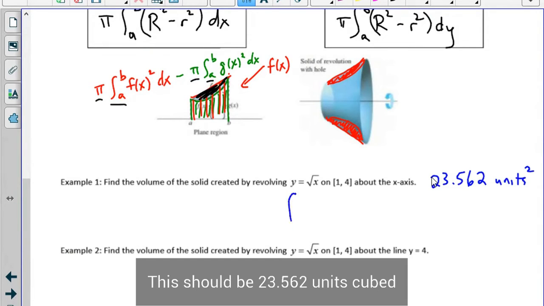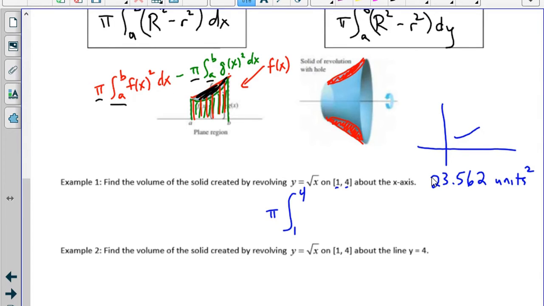That's because if I take pi times the integral from a to b, a is 1 and b is 4 in this problem. So once again, that's not what the curve looks like. If I graph the square root function, my radius is at all times f of x, and then when I rotate it around, it's going to look kind of like a lampshade as I move along.